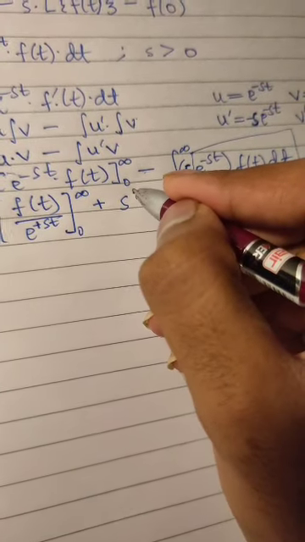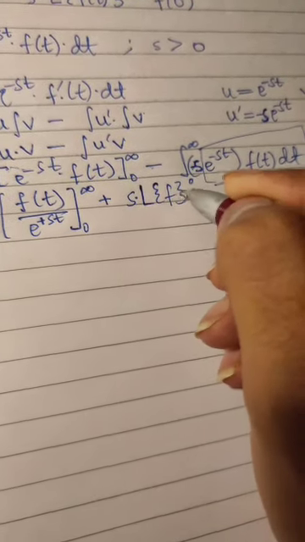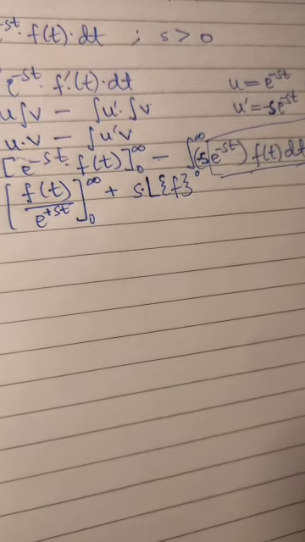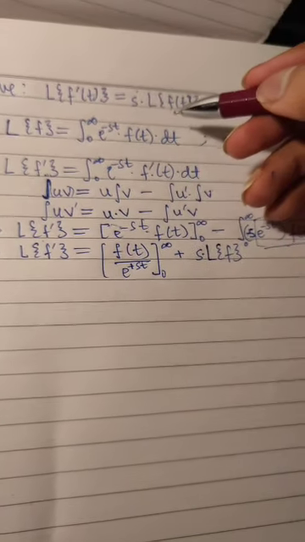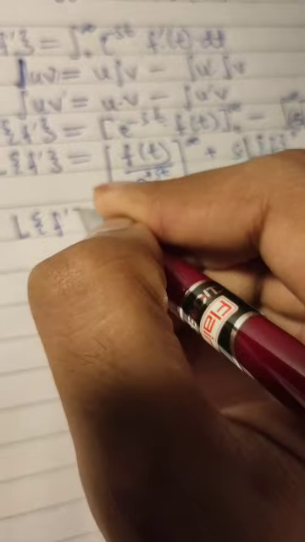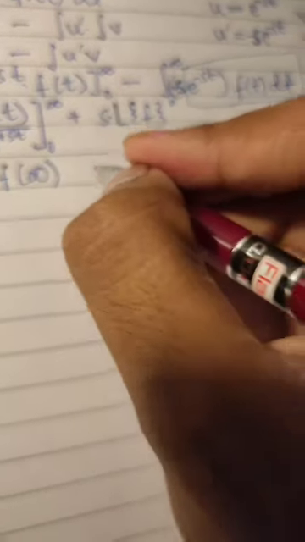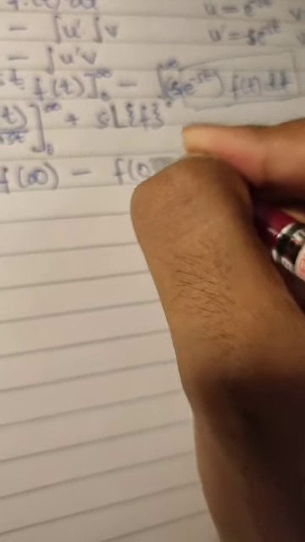So we can naturally assume that this is the Laplace transform of the function f, and we already see that the desired proof is emerging from this answer. All we need to do is simplify this further. Let's take f at infinity and f of 0.